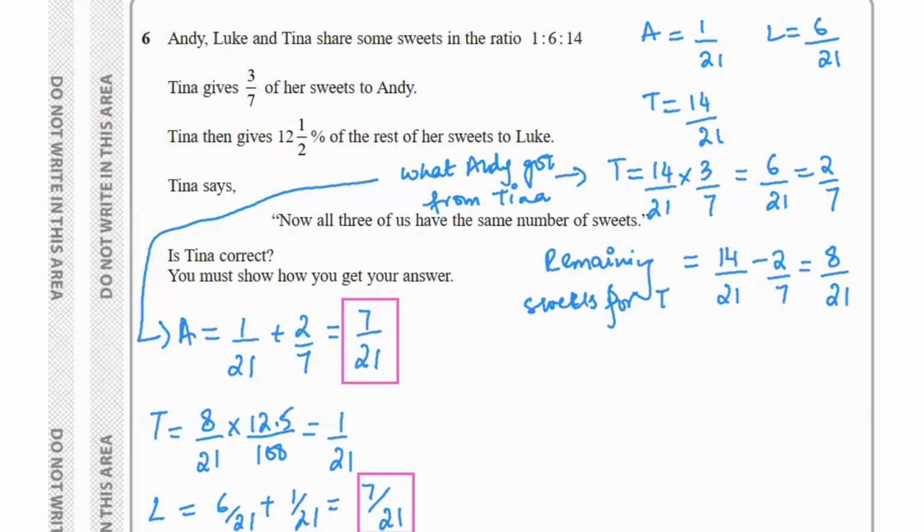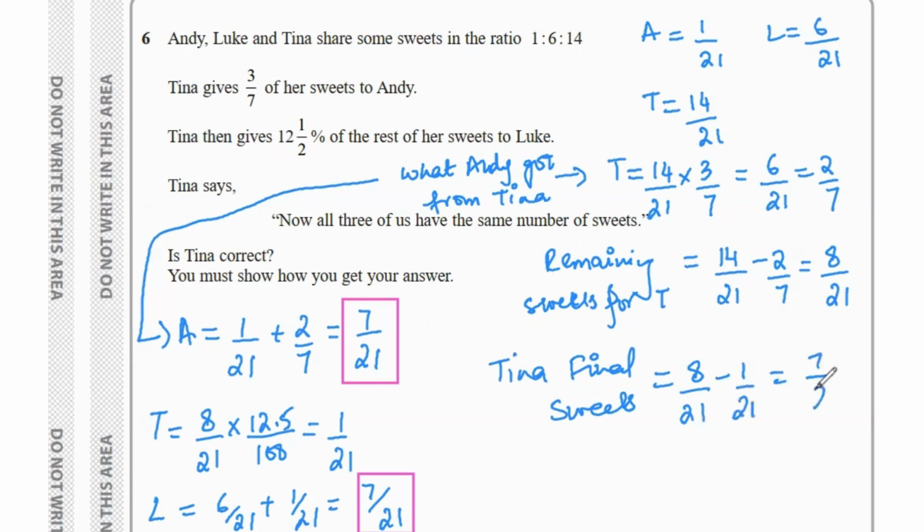Now to find what Tina is left with, again, remaining, or more like Tina's final sweets. For Tina, our final sweets are going to be 8 over 21 minus what she gave to Luke, which is 1 over 21.